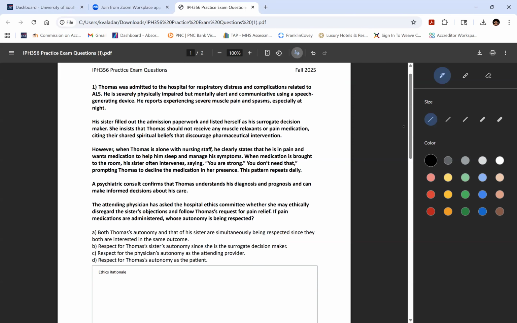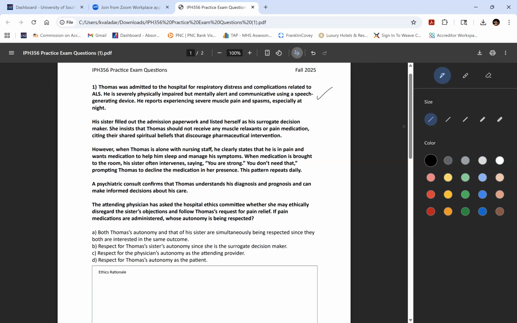This is a fairly long question, but they're all cases. They won't all be this long, but this has to do with Thomas, who's admitted to the hospital. And you can see in the first paragraph, it talks about his medical issues. But this is really about the admission paperwork.